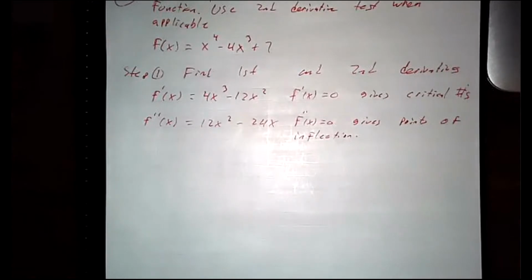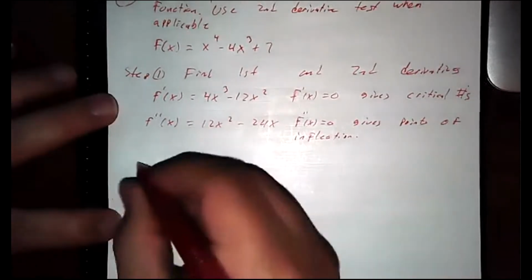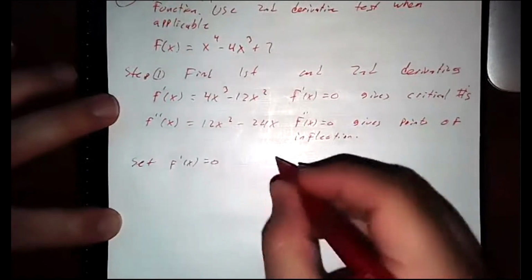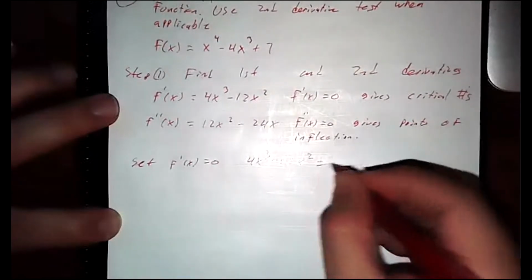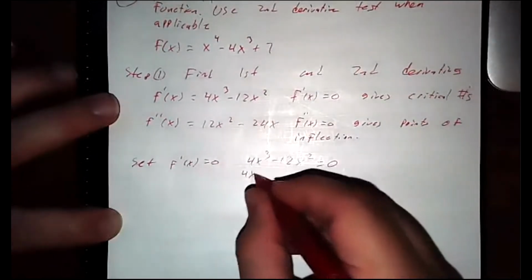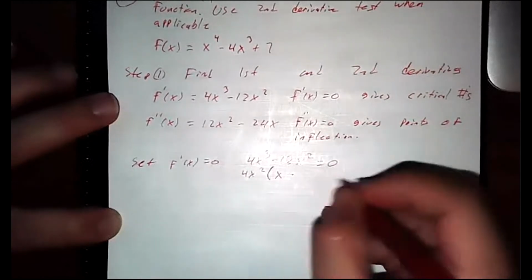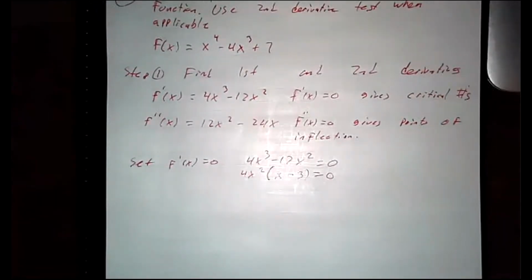So let's find the critical numbers because those are possible extrema, right? Let's start with that one. Set f prime of x to 0. That gives us 4x cubed minus 12x squared equal to 0. Just factor out 4x squared. That gives us x minus 3, right?